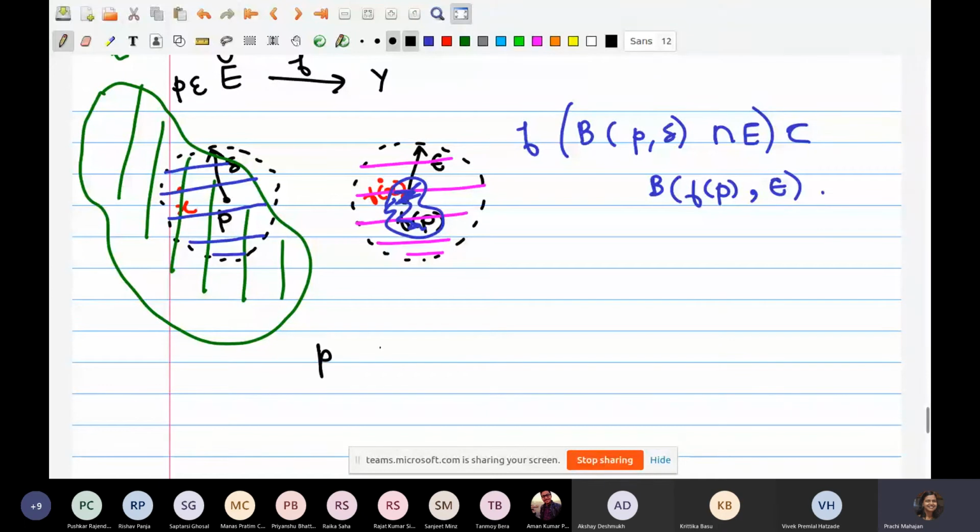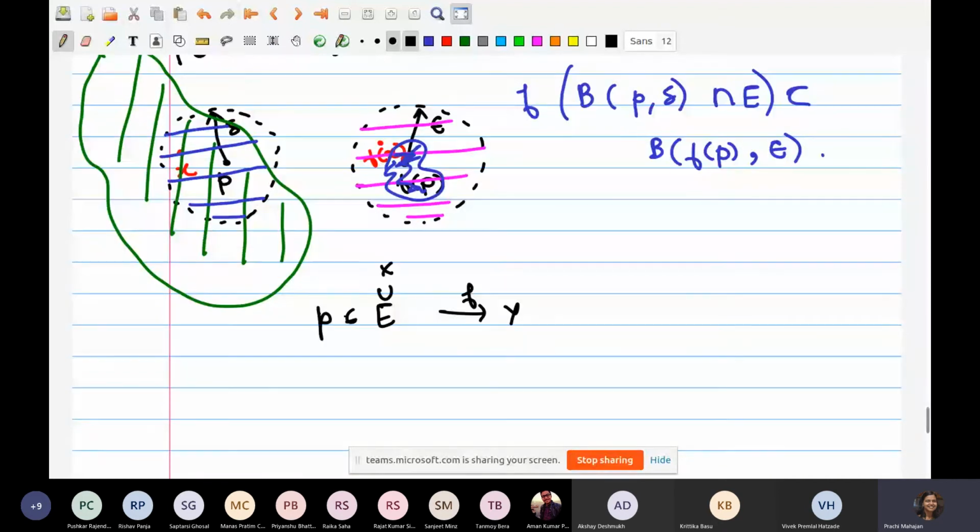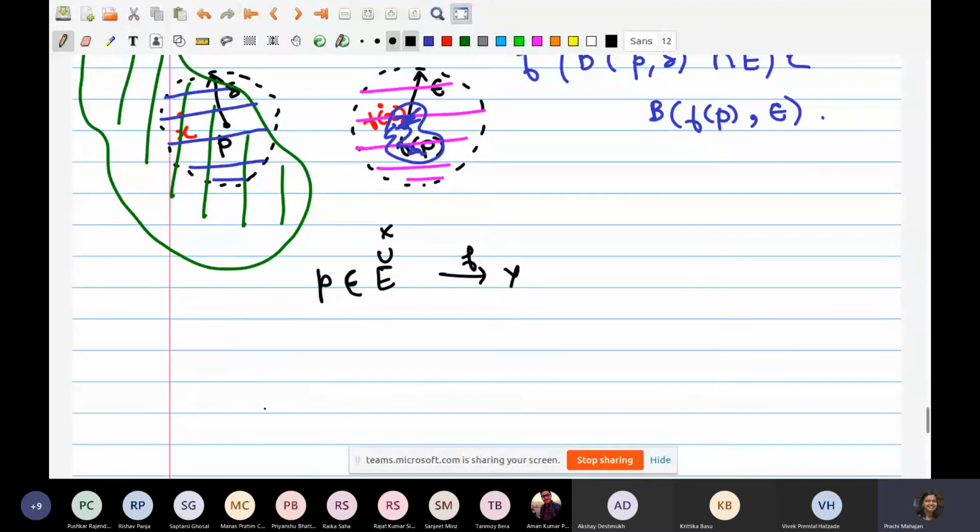So assuming E is a subset of X, and X and Y are the real line with the Euclidean metric, what would the picture look like? You look at the point P on the real line and look at its image f of P, and at an epsilon neighborhood of f of P. So this is the point f of P plus epsilon, and this is the point f of P minus epsilon.